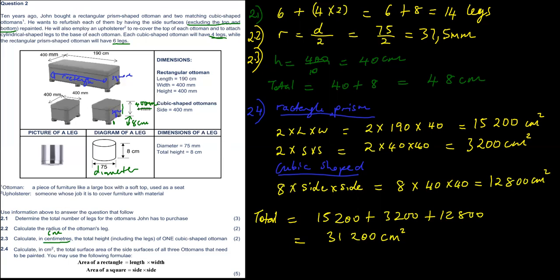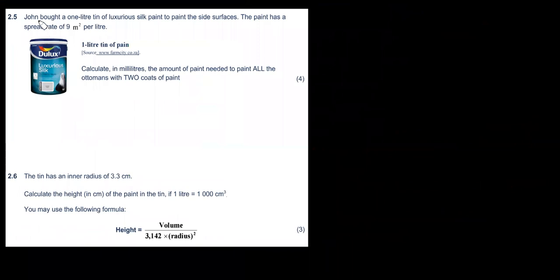Okay. Let's look at the next question here. John bought a 1 liter tin of luxurious silk paint to paint the side surfaces. The paint has a spread rate of 9 meters per liter.